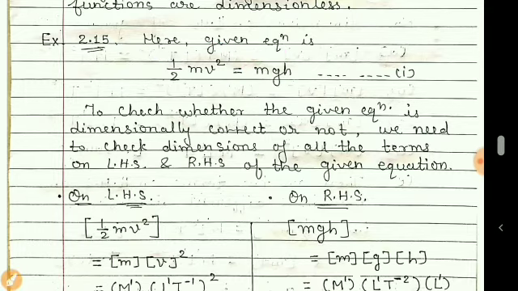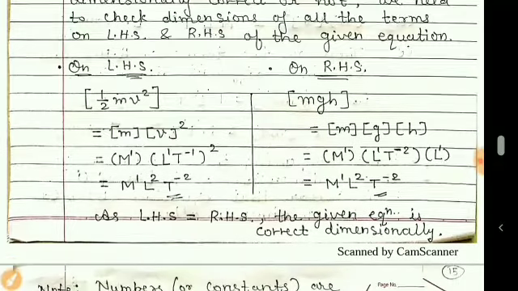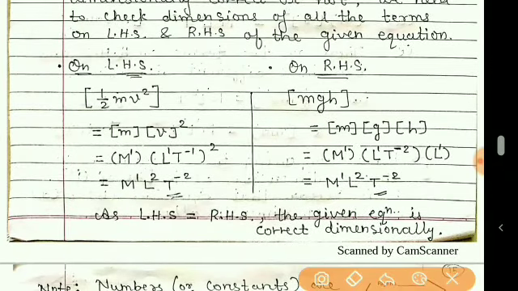So now first let us check the dimension of the left hand side term. The dimension of half of mv square is equal to the dimension of m. Why m? Because here it is m there. Then the dimension of v and its square.